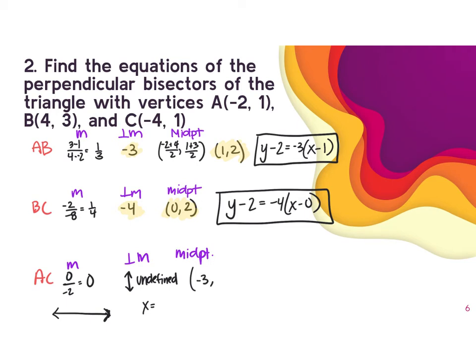Add the y's, divide by 2, we get 1. Because this is a vertical line, remember those vertical lines are x equals whatever the number is for x. So in this case, our line is x equals -3. It's going to end up being a straight line through x equals -3.